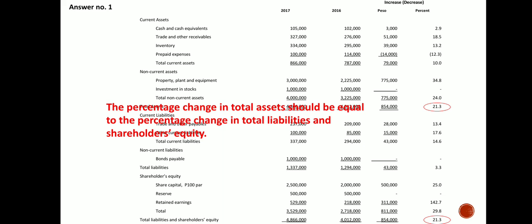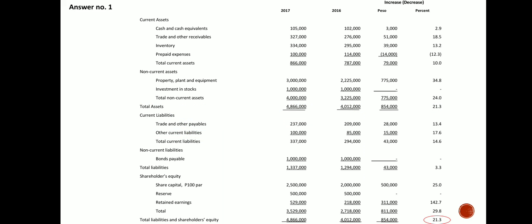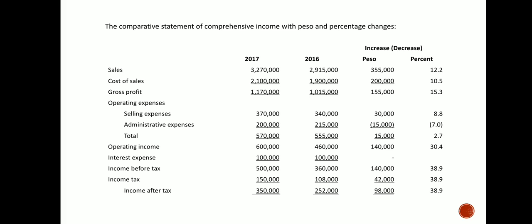So we'll now proceed to the statement of comprehensive income. So the same procedures will be applied in computing for the absolute amount of change and percentage of change. So for instance, for sales.